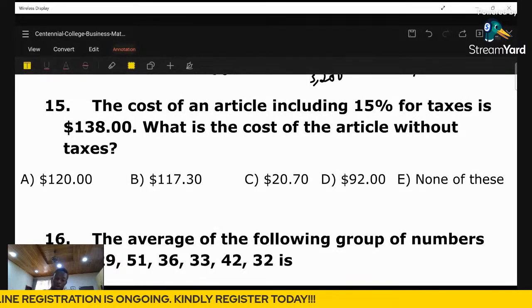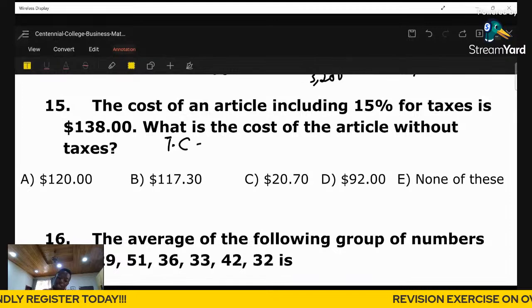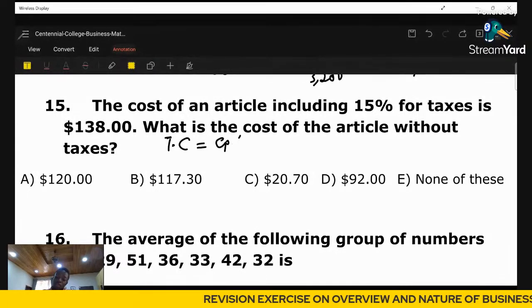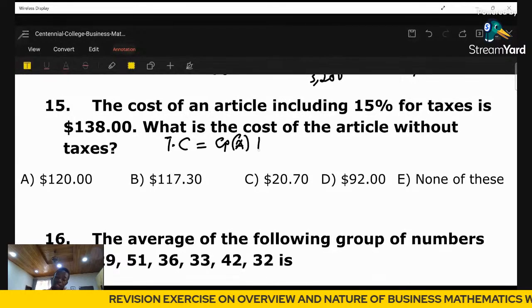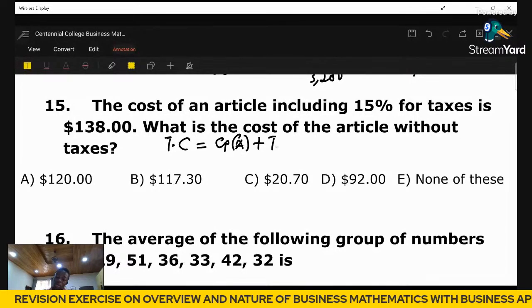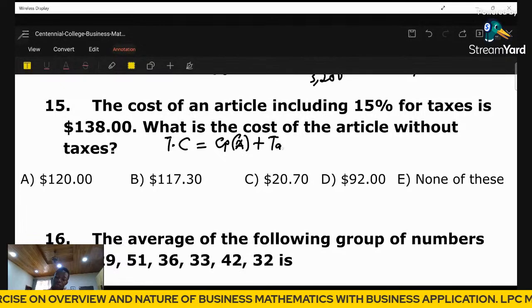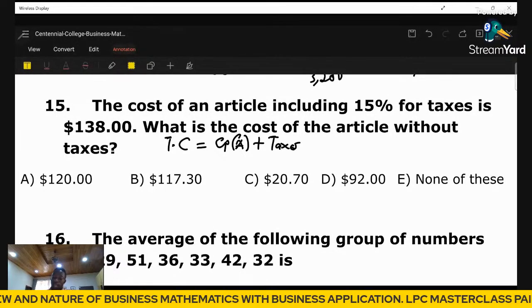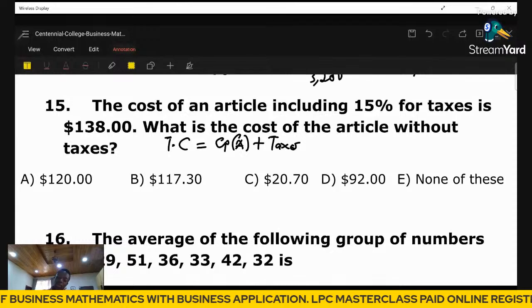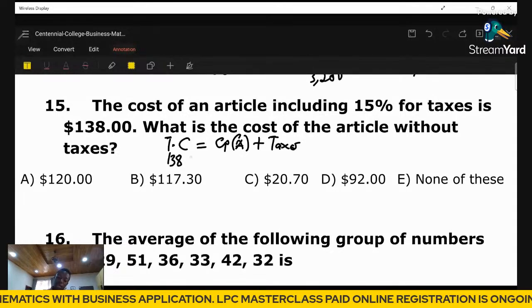So we have the total cost of an article, which comprises the cost price of the article itself, plus the taxes. And then we know that the total cost was given as 138.